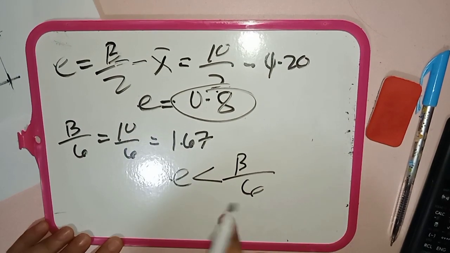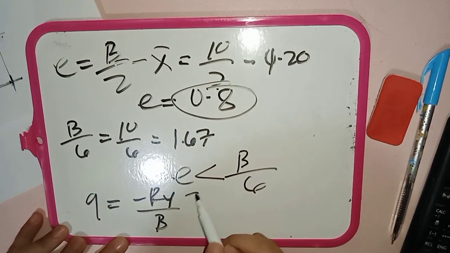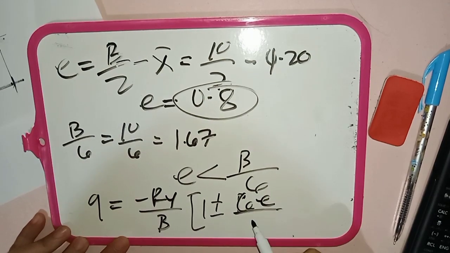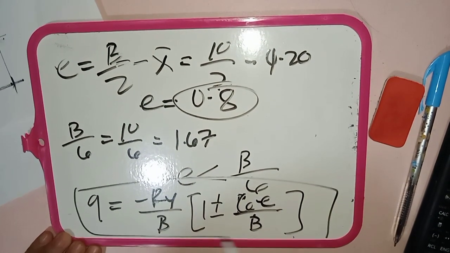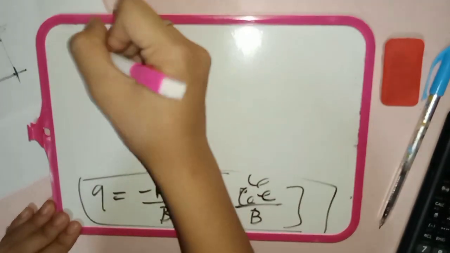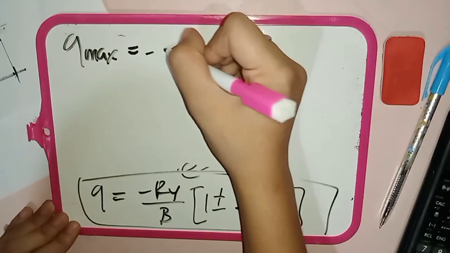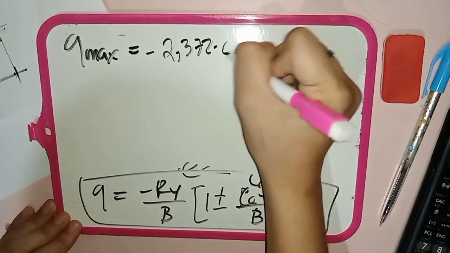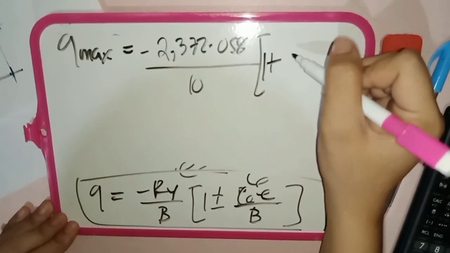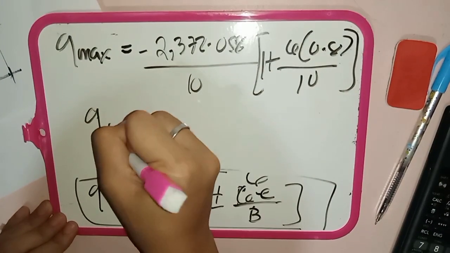So the formula we will use for the pressure is negative Ry over B times 1 plus or minus 6 times E over the base. This is the formula we will use to find the intensity of pressure. For the Qmax, we just take the negative of our Ry, which is 2,372.058 over the base of 10, times 1 plus our E of 0.8 over 10.